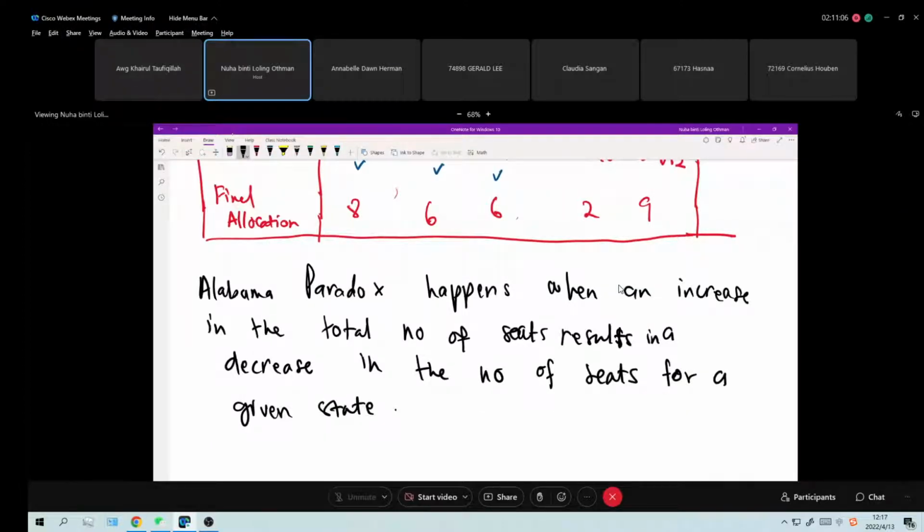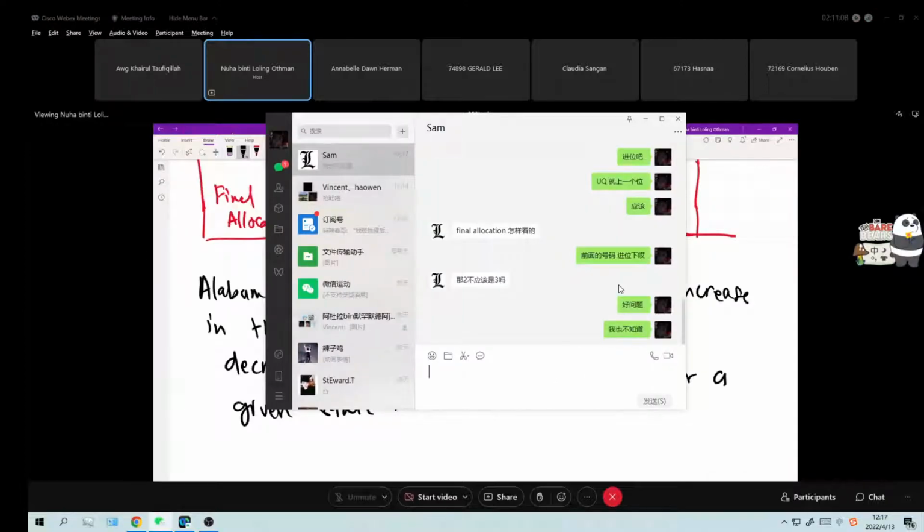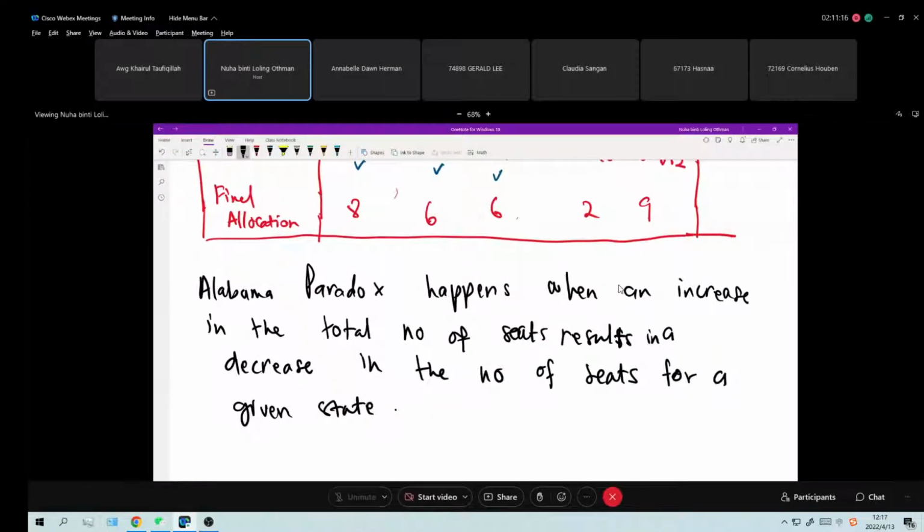So this is the meaning of the Alabama paradox. Because just by adding another one candy, he lost his candy, one candy to another two persons. So this is the Alabama paradox. One example.